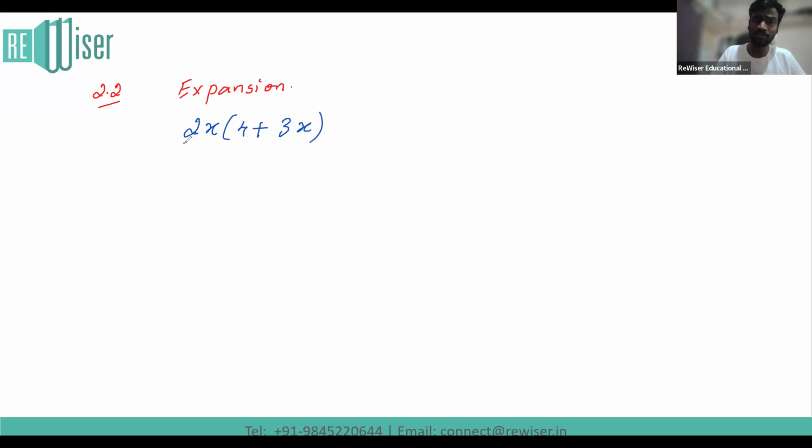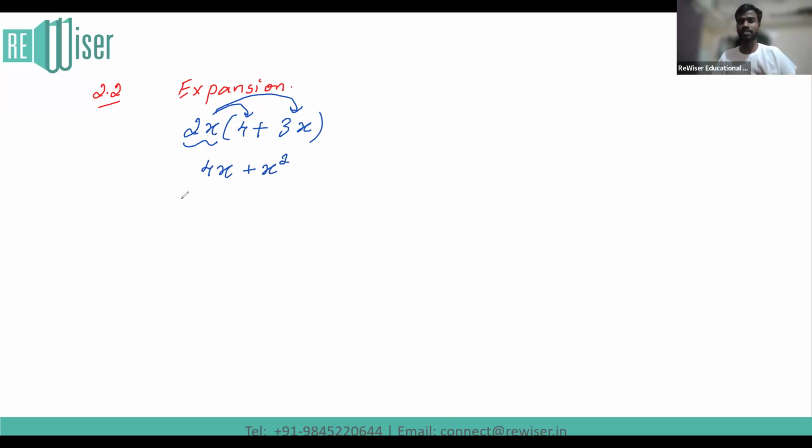This first term, you have to multiply to both of these terms to expand it completely. So 2x times 4 is 8x. Then 2x times 3x is 2 times 3, which is 6, and x times x is x squared.